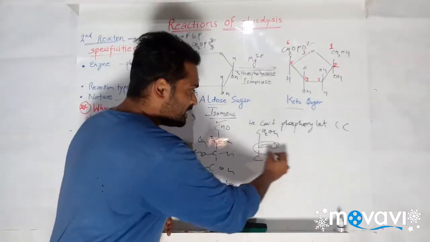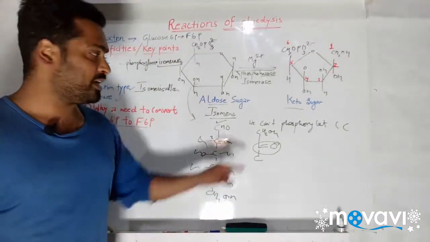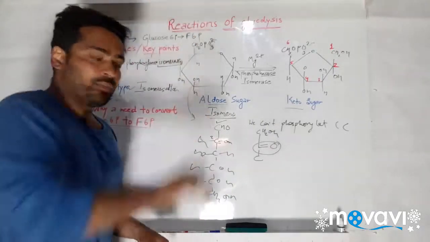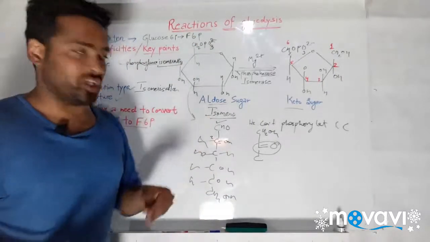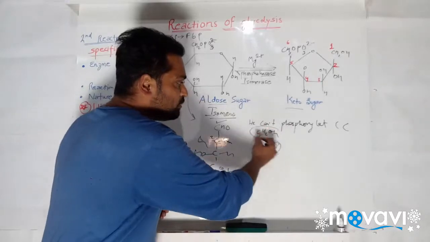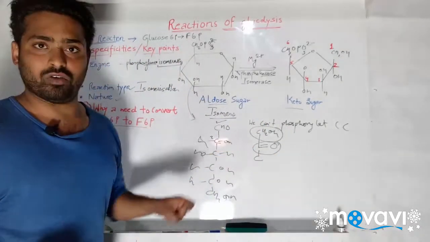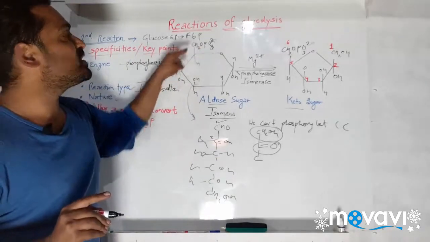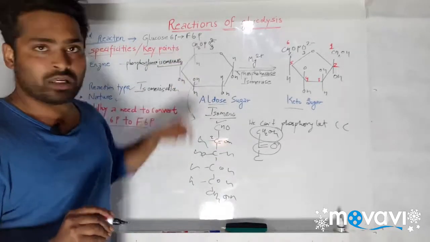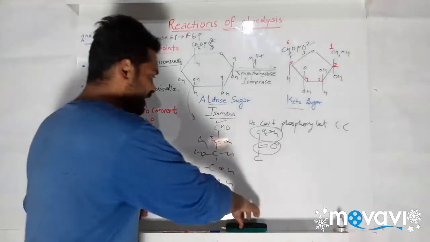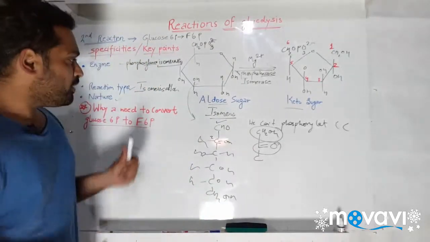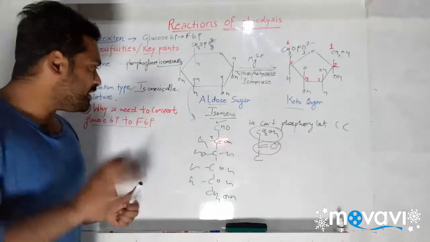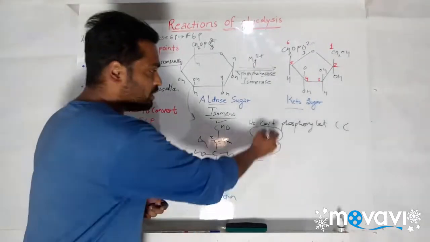Now this group is here. When it is in the form of keto sugar, that carbonyl group is in between the chain, and we can easily phosphorylate this position, like we did in the first reaction where we phosphorylated the 6th carbon containing the hydroxyl group.